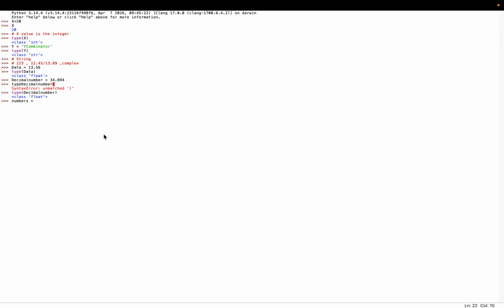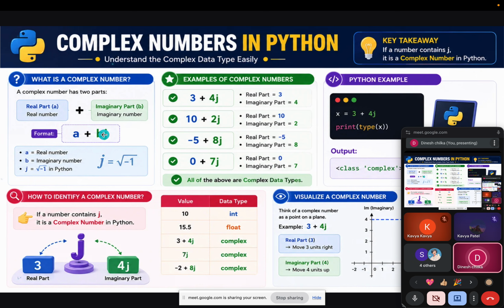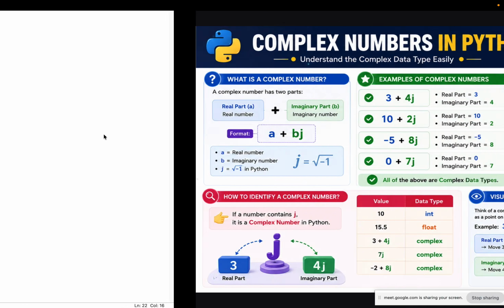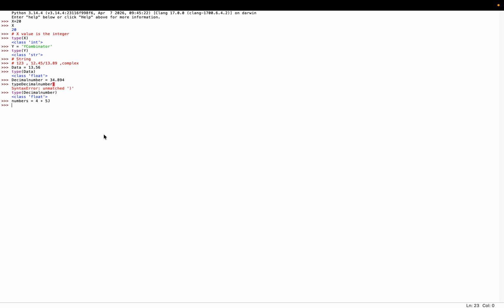Suppose the real number is 4, and the imaginary number will be 5, and I'll put a j. Okay, and this will be considered for what? Complex number.